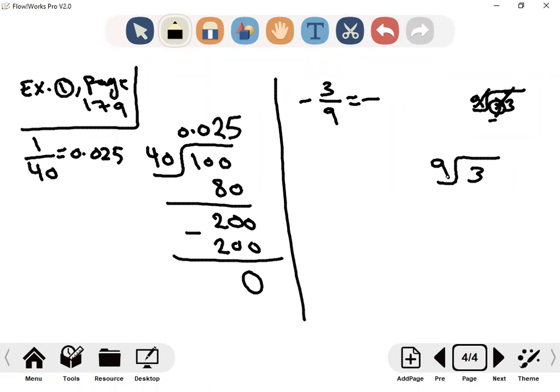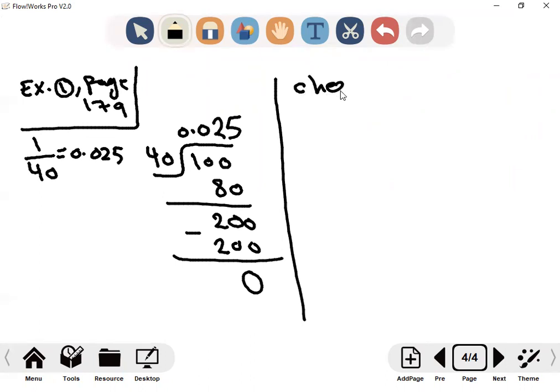We have Check 1 under Example 1. In the check, what do we have? Which of the following is the decimal form of -1/25? So check, page 179 also, right?